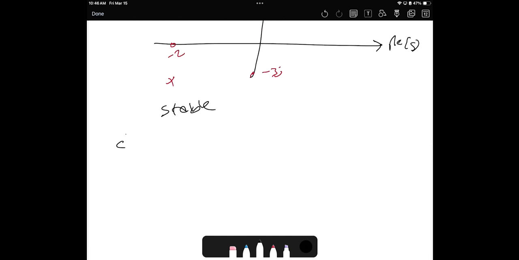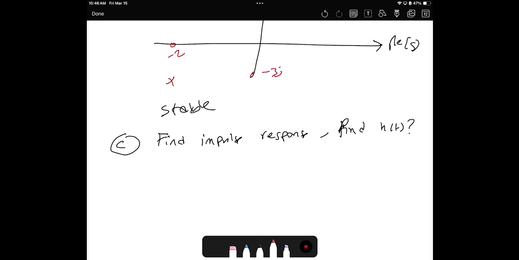Now, part C, find the impulse response. Or in other words, find h of t. How to find it? We know the relationship between h of t and h of s. h of t equals the Laplace inverse of h of s.